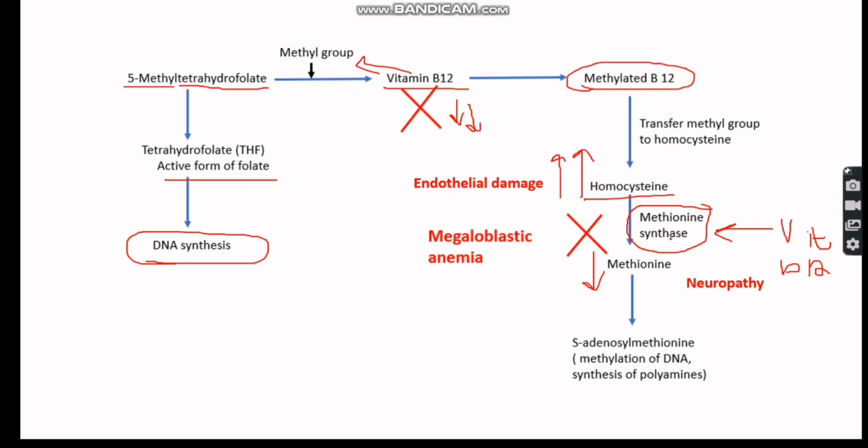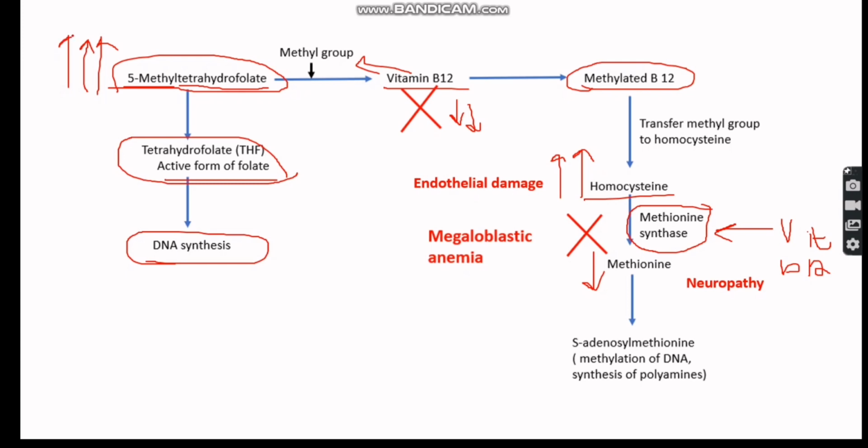Okay, as methionine synthase also takes 5-methyl tetrahydrofolate as a substrate, it indirectly regulates the level of tetrahydrofolate. So once this methionine synthase is defective, then 5-methyl tetrahydrofolate will not be demethylated, so the level of 5-methyl tetrahydrofolate will increase.